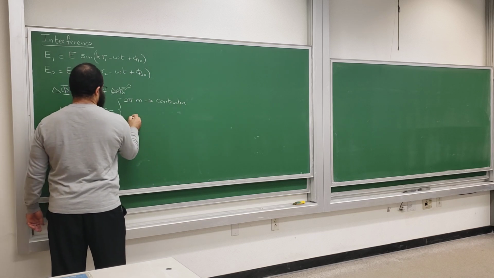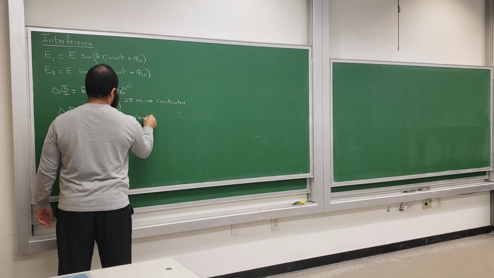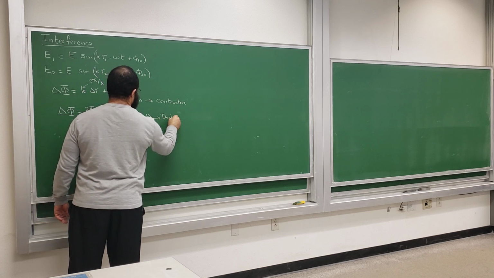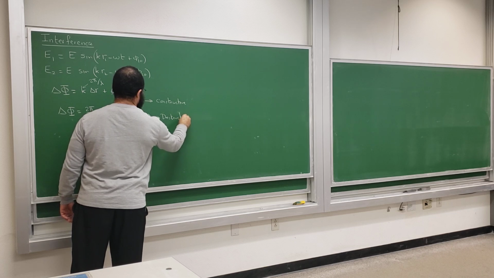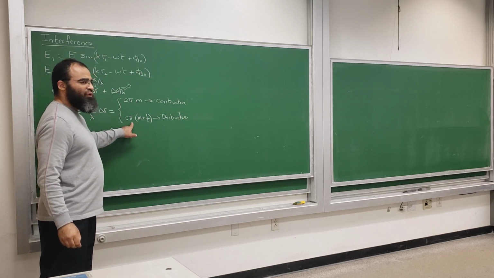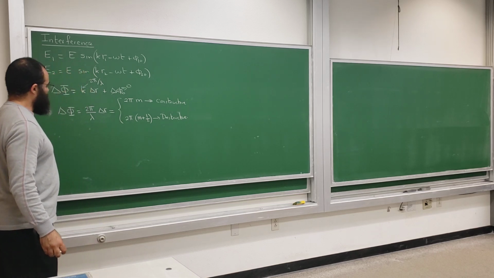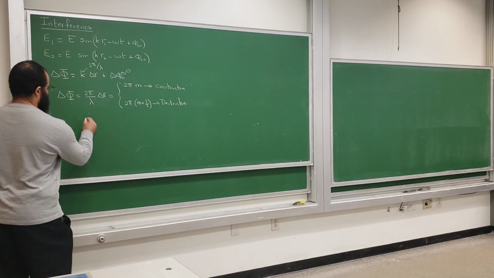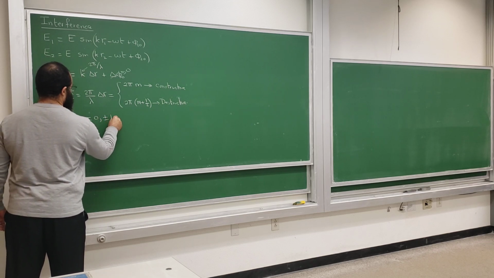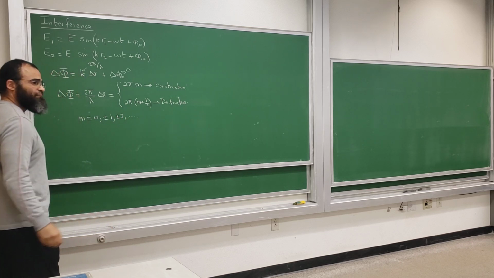If it's 2 pi times (m plus a half), then we get destructive interference. This plus a half will make sure that you get an odd multiple of pi. And m itself, if you remember, is an integer: 0, plus or minus 1, plus or minus 2, and so on.